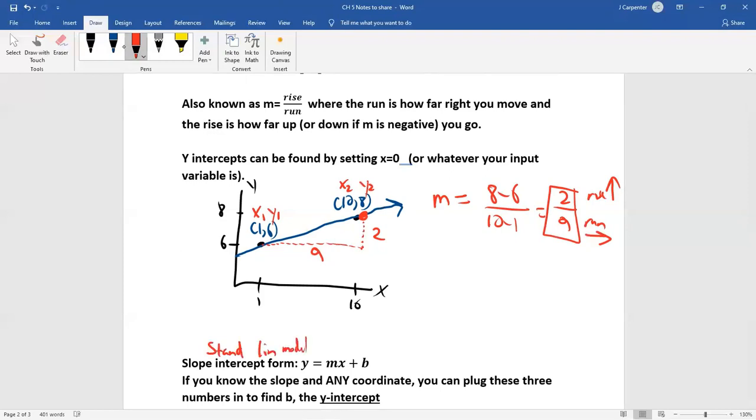This mx right here, that is your variable amount. And the b here is your fixed amount. It's just variable amount plus fixed amount. It's literally nothing different from the last section. But the letters are a little more specific. They're a little more traditional for an algebra concept.